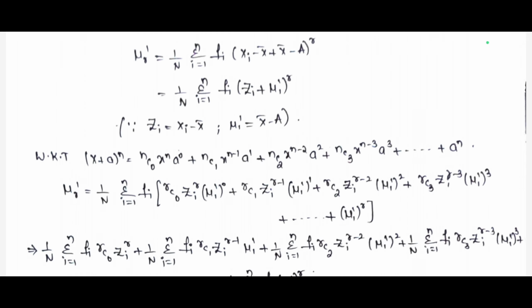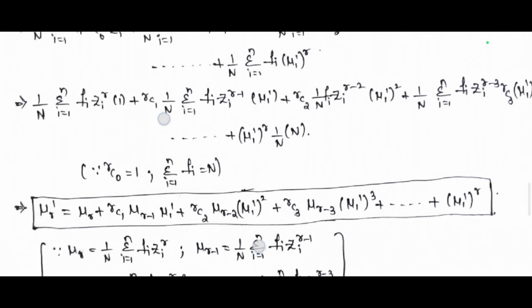Here xi minus x bar we suppose as zi, and the first moment xi minus a is always mu1 dash, that is x bar minus a, power r. Again it is in the form of x plus a whole to the power of n, the binomial expansion, and all plus terms we are going to get.